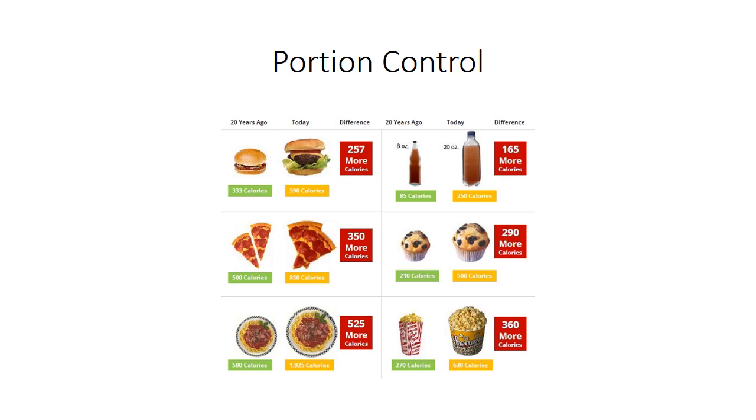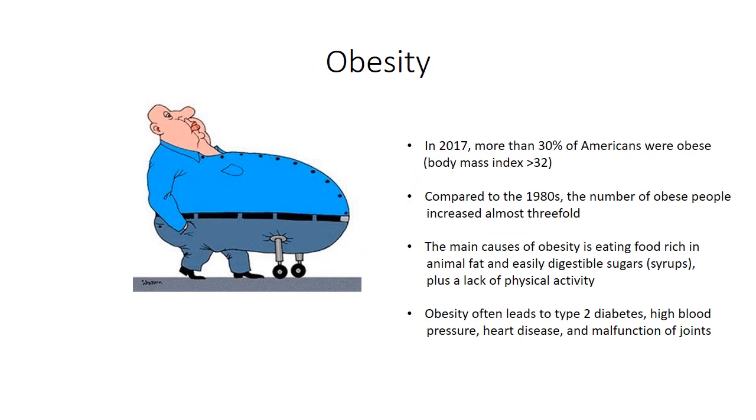Do remember about it. Now, a little bit about what can go wrong. Your textbook gives a whole array of different disorders. I will limit it to just obesity and anorexia. Next slide. Obesity means that your body mass index is more than 32. You need to know this parameter, BMI, body mass index. There's a special formula calculating it, and it basically depends on your weight and your height.